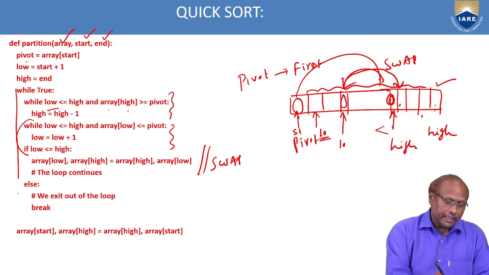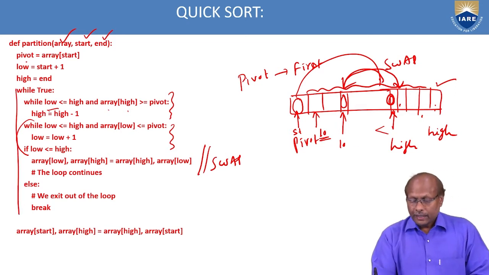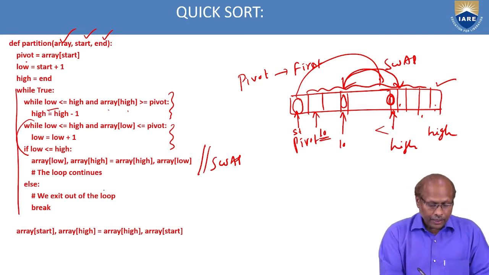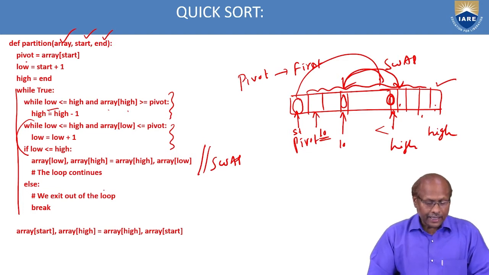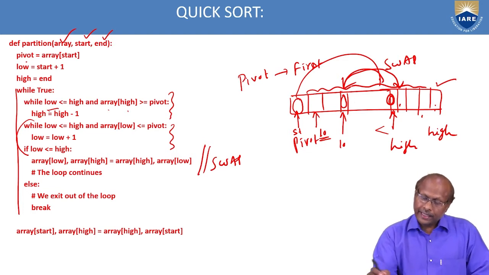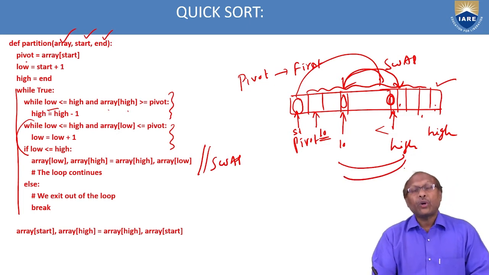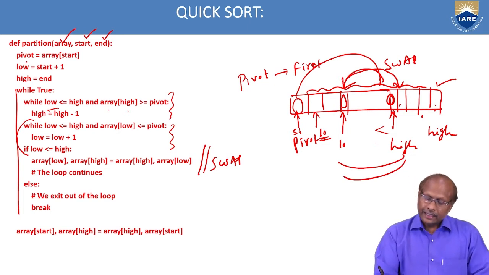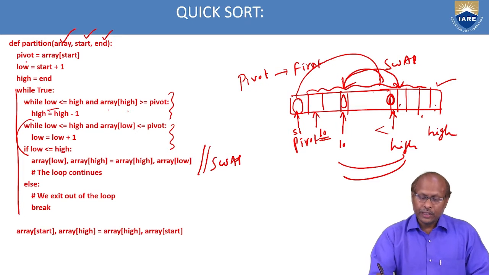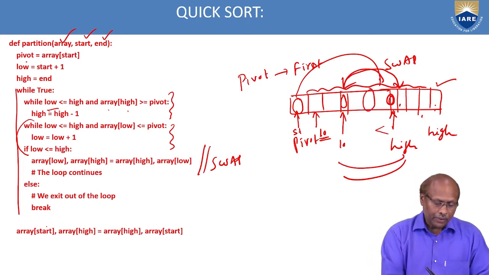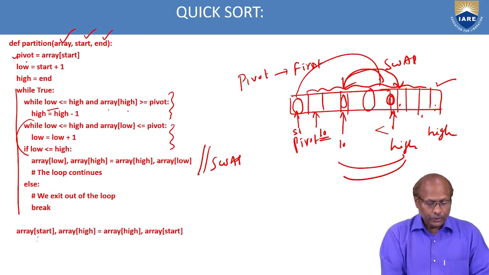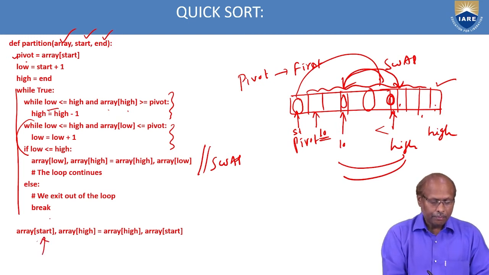Once the complete process is over, that means if low is greater than high, that means low has crossed high, in that case the pivot has come to its perfect place. So it will break out, and the pivot element which was at the starting position is my pivot data.